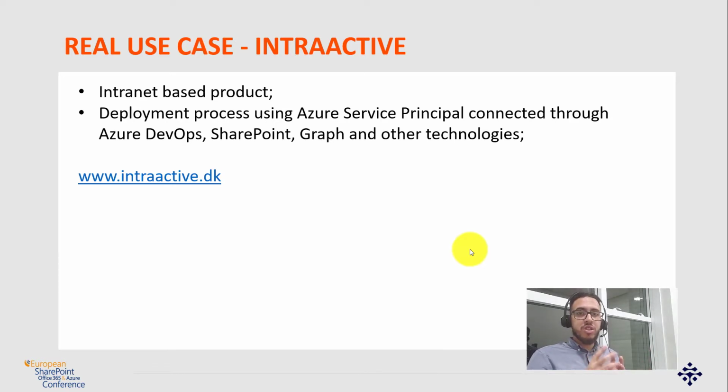So we use this service to connect to their tenants and deploy stuff, and our application asks for tokens on behalf of their users and then interacts with data and everything else. In a secure way, we don't have access to their environment, they just consented, and then we have the permissions that they gave to us.